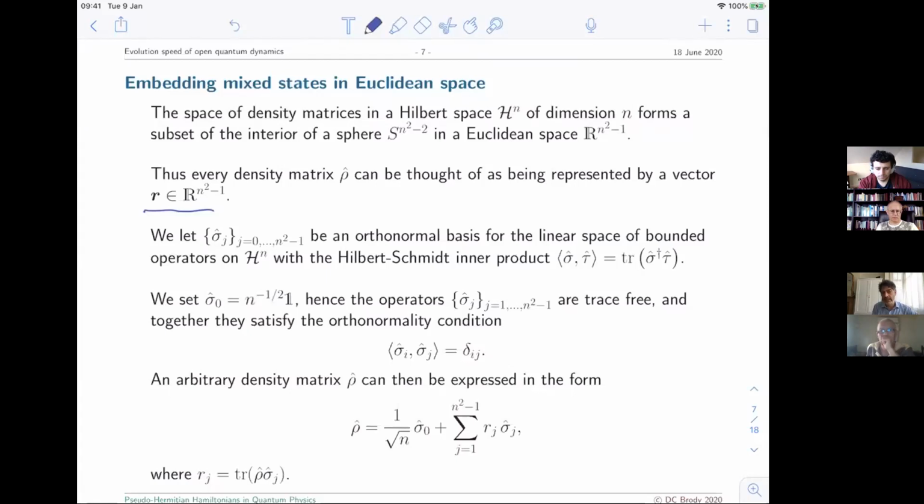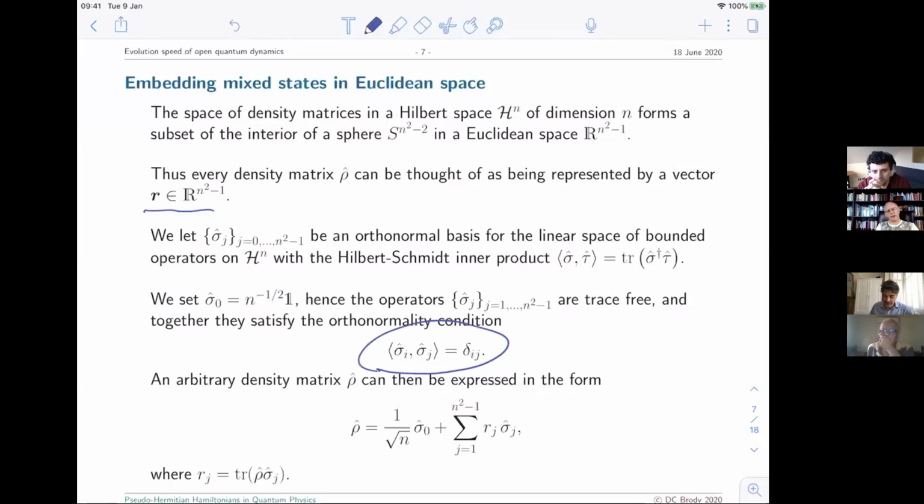Sigma 0 we take to be the trace part, so sigma 0 equals 1 over root n times the identity matrix, and then the remaining operators are trace free. Okay, so you can think about the Pauli matrices for the 2 by 2 case. So sigma 0 would be proportional to the identity, and then the sigma j's are the 3 trace-free Pauli matrices suitably normalized, and they satisfy the orthonormality condition given down here.